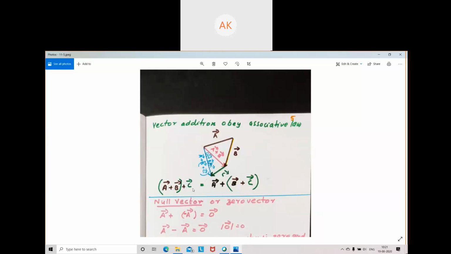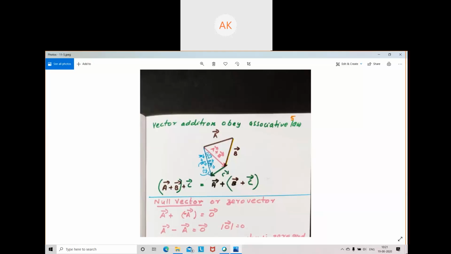So this is vector C. At the tip of vector A plus B, the tail of vector C is kept. And then tail to tip it is joined. That will represent A plus B plus C. So this blue line represents A plus B plus C.